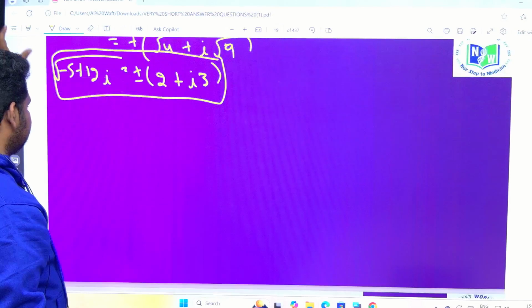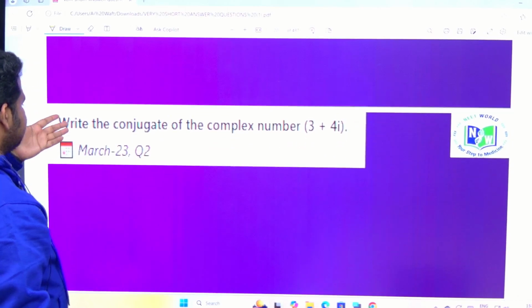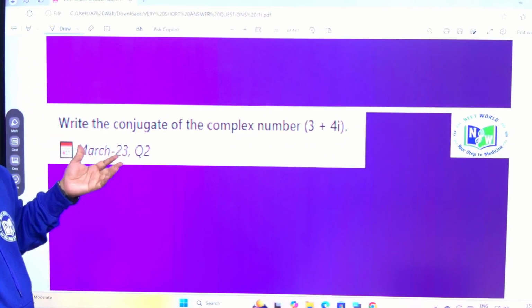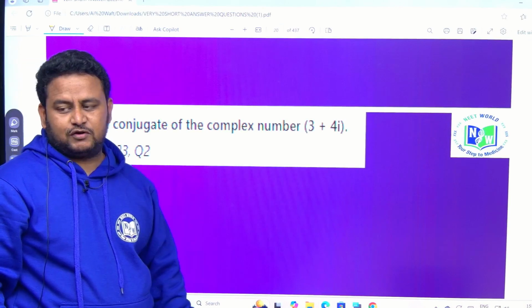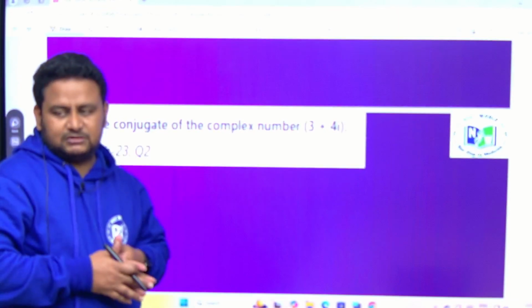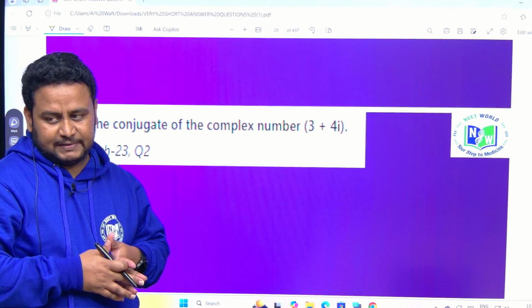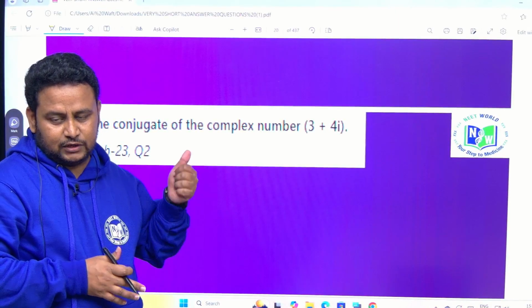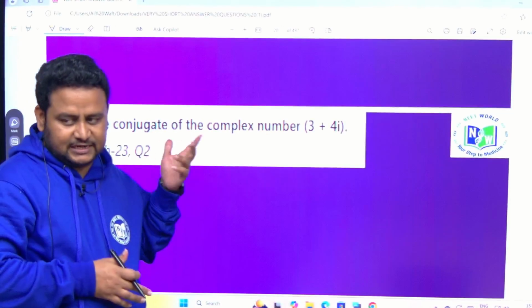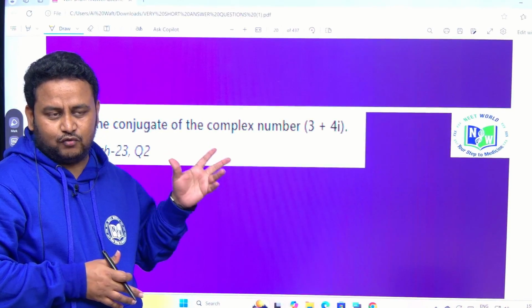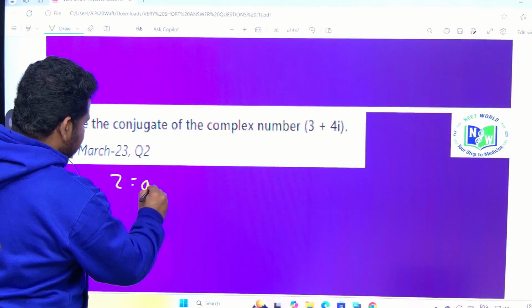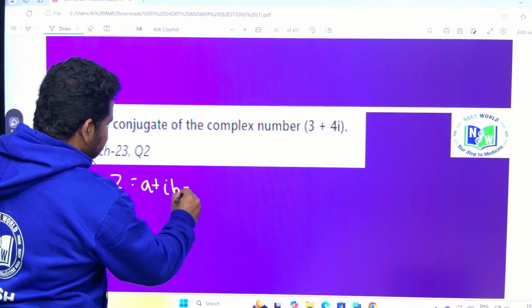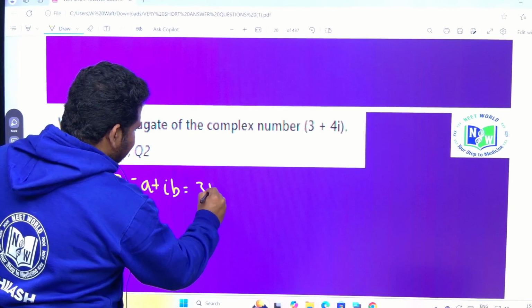So, let us move to the next one. Here again, this is a simple question. The complex number that is given is z is equal to a plus ib, that is given as 3 plus 4i.